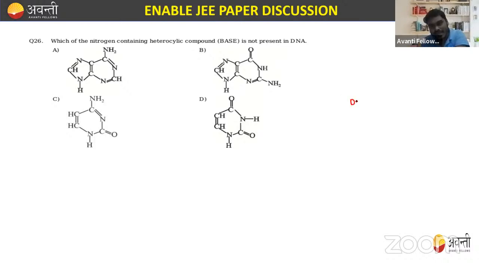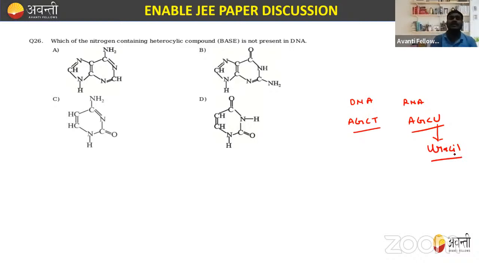We know what nitrogenous bases are present in DNA and RNA. One simple rule to remember: DNA is AGCT, and RNA is AGCU, that is, uracil. Uracil is the nitrogenous base that is absent in DNA.